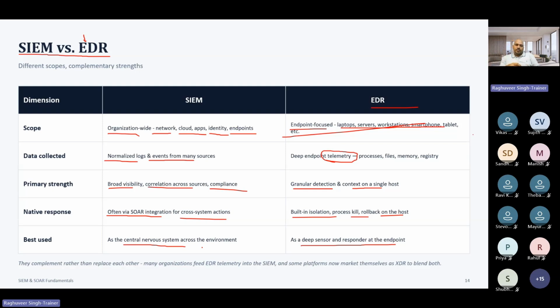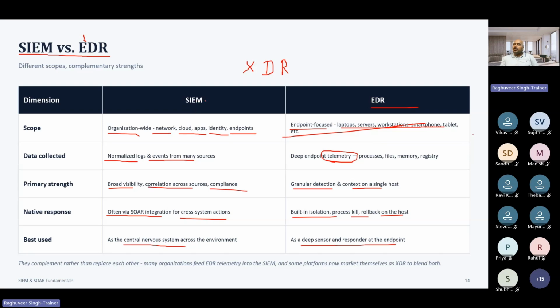Now, in any corporate, what they do, they combine SIEM and SOAR together. They combine EDR, SIEM, and SOAR together, and that makes it XDR. So there is another terminology that we use, which is known as extended detection and response, because EDR alone is not sufficient. And if you only have SIEM, then it is also not sufficient.